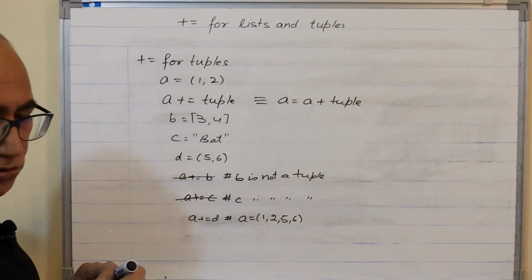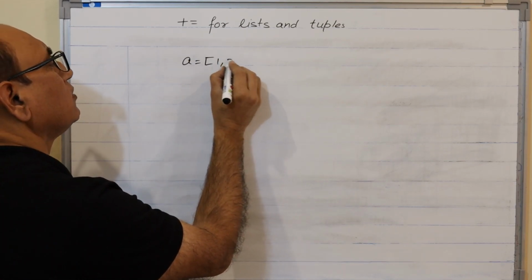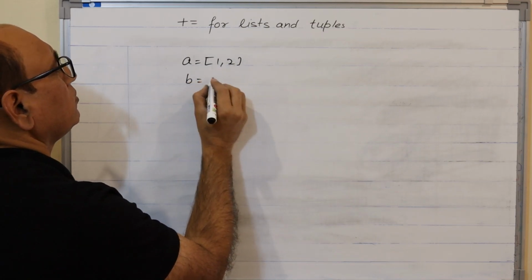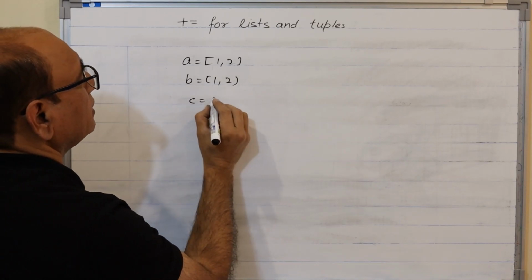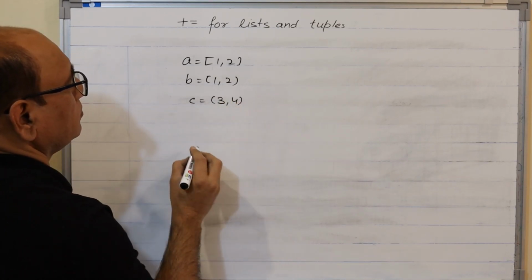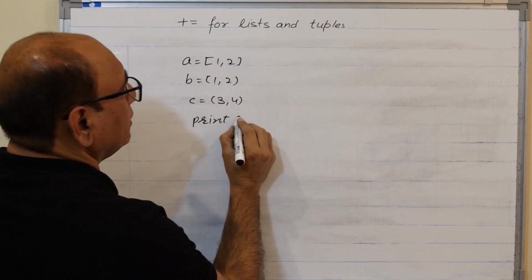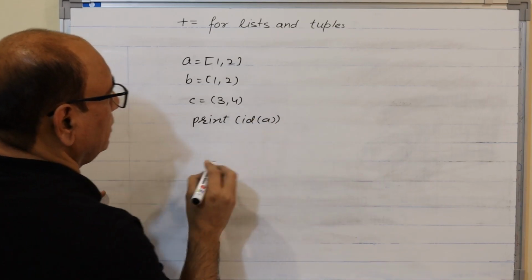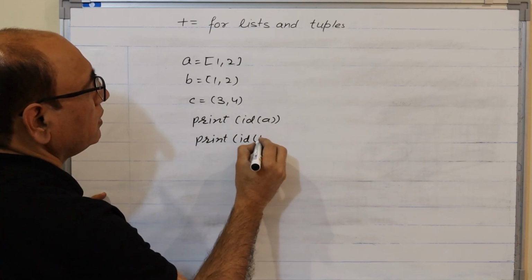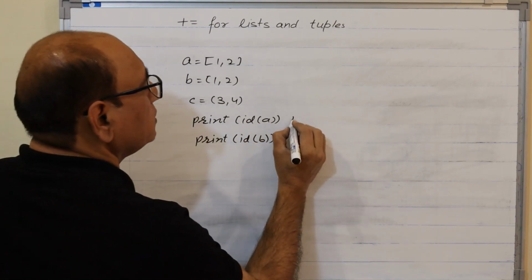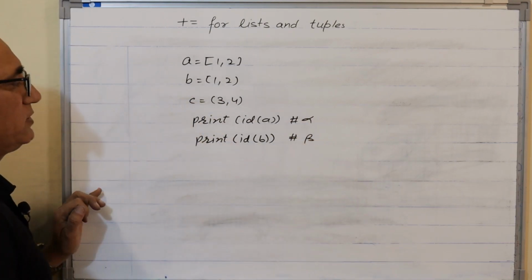Now another point I have to clear. Suppose A is a list 1, 2, B is a tuple 1, 2, and C is another tuple containing 3, 4. Now this thing you can execute on your computer. Try to print the ID of A, then print the ID of B. Suppose here you get the output alpha and here you get the output beta, some numbers.